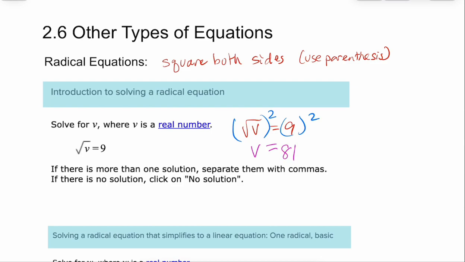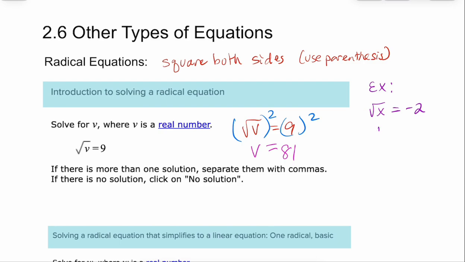Now here's where some things can go wrong. If we happen to have the square root of x equals -2, there's no real number that we could stick in there and get a negative, right? Now, if there was a negative sitting right here, that's a different story because we could divide both sides by -1.